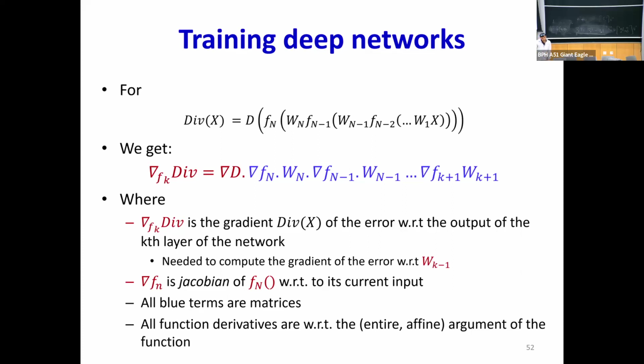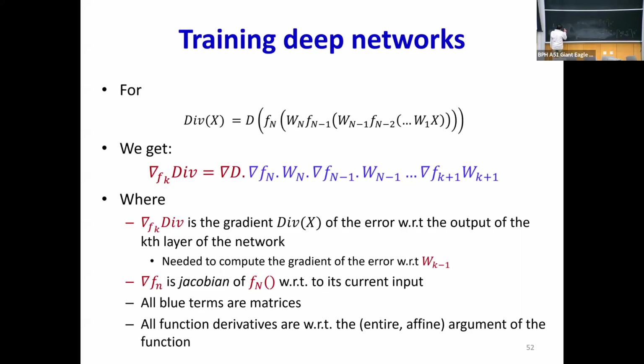Now, what do these Jacobians look like? Let's first see what the Jacobian of an activation function looks like. In a typical layer, let's say I'm applying some kind of activation function. If it's a scalar activation, meaning I have an independent activation function being applied to every component, then the Jacobian is going to be a diagonal matrix.